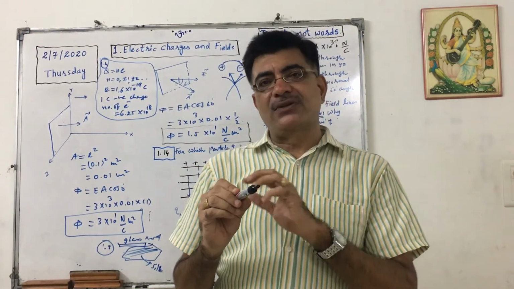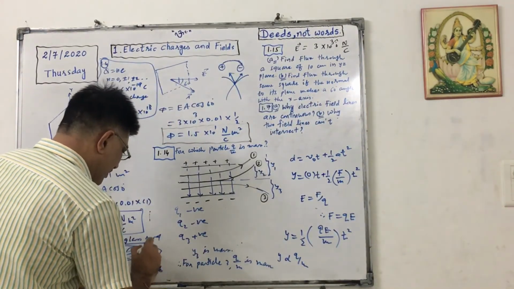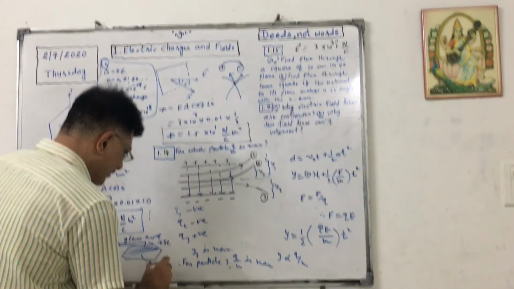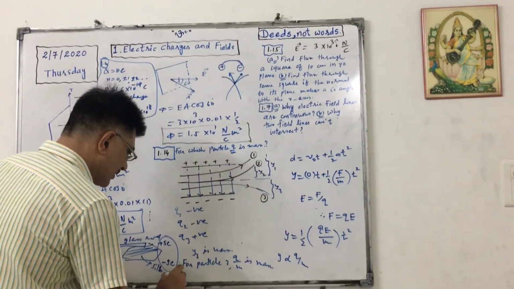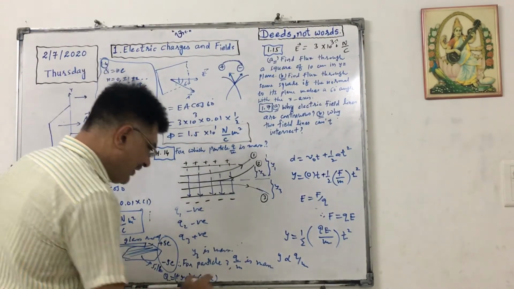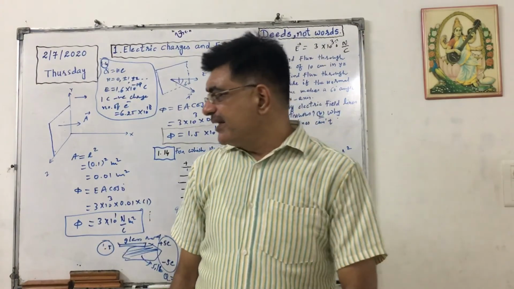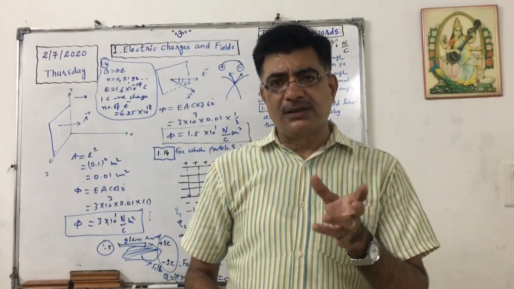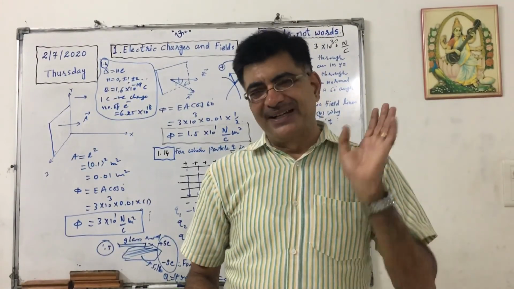Suppose 5 electrons are lost by the glass rod. In that case the glass rod has positive 5e charge, and silk will have minus 5e charge. So the net charge will be 0 as it was earlier. That is called conservation of charge. So in the case of rubbing a glass rod with a silk cloth, the quantization of electric charge is obeyed.